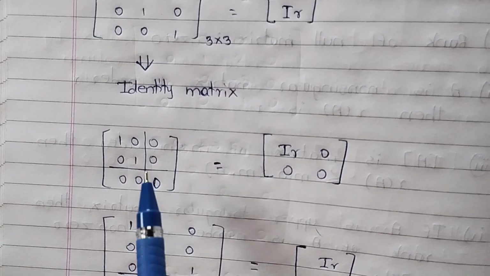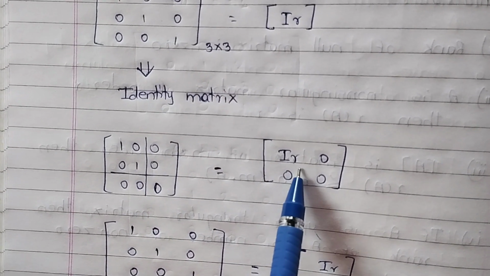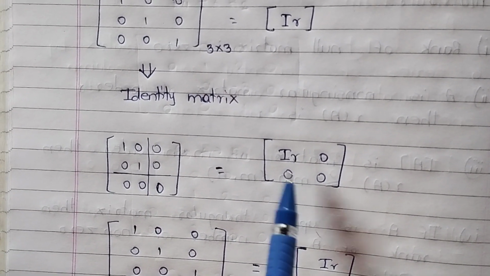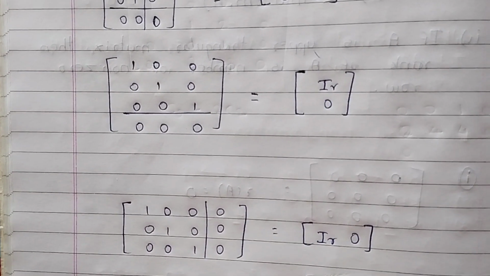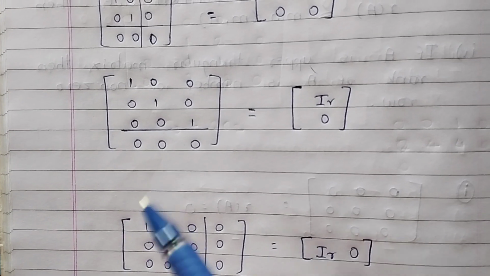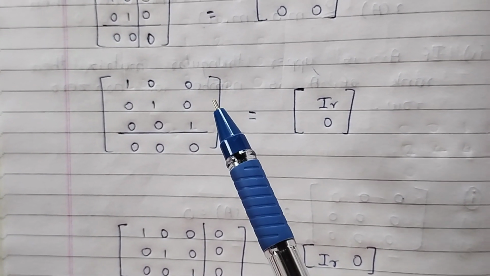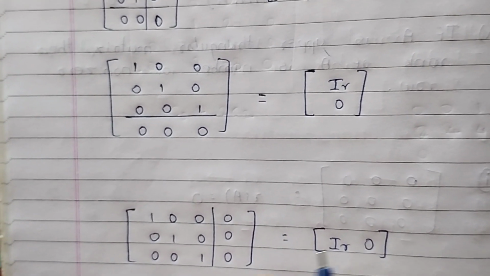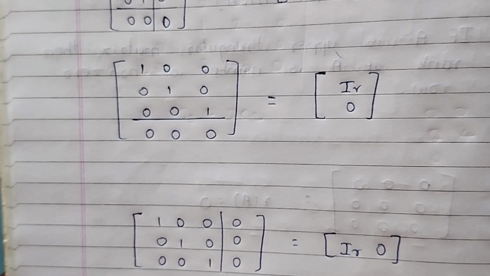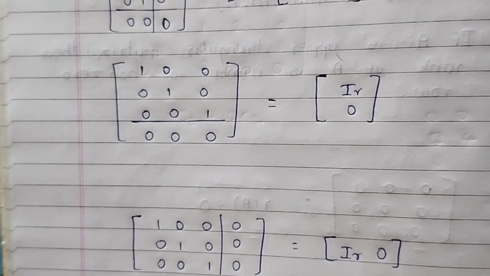Then we write this matrix in the form of the normal form. Then second, [I_r 0] and [I_r; 0] mean the identity matrix is on one side and zeros on the other side.